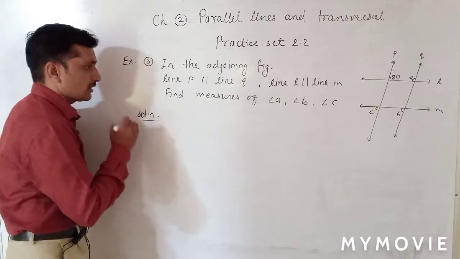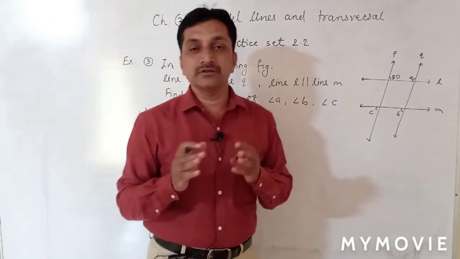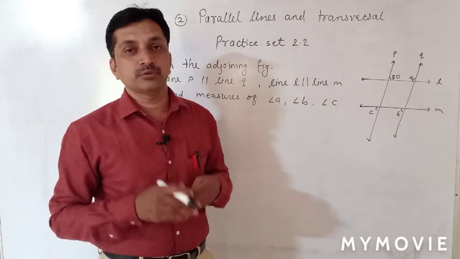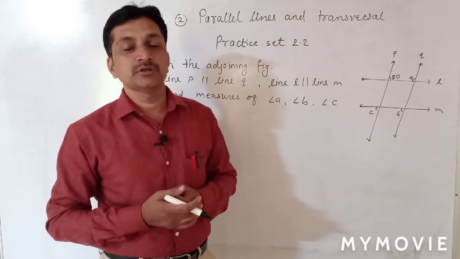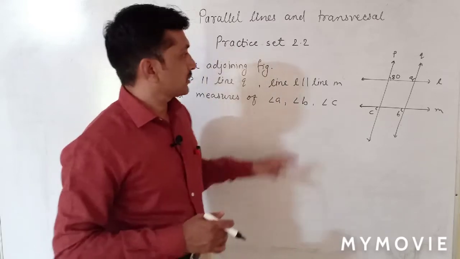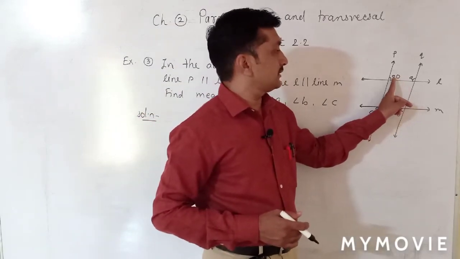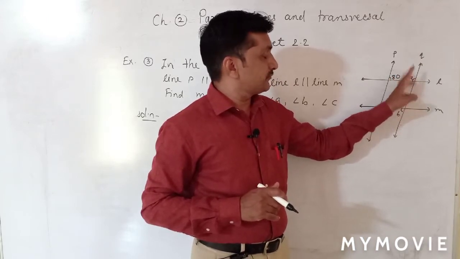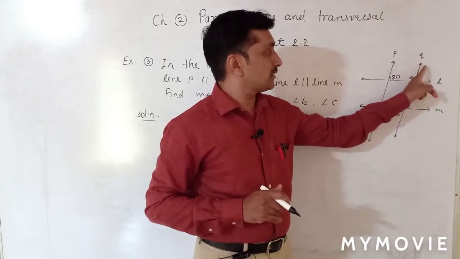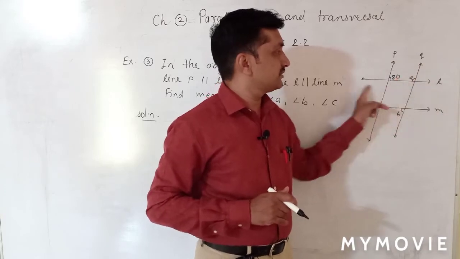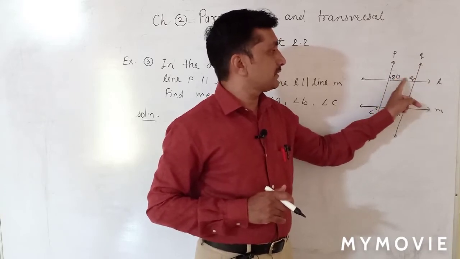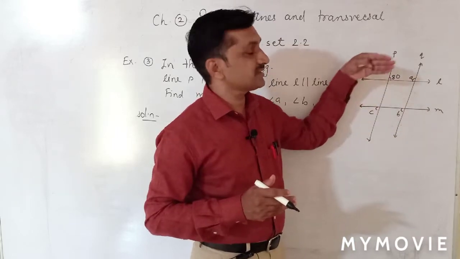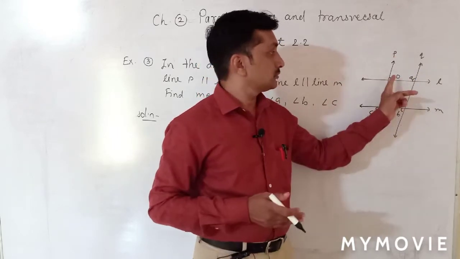Solution. First of all, we have to see the relation between the given angles. Once we know the relation between them, we can solve it. Here one measure is given, 80, and here A. If you see, P and Q are parallel, and if we consider L as the transversal, then 80 and A are between parallel lines and on the same side of the transversal.